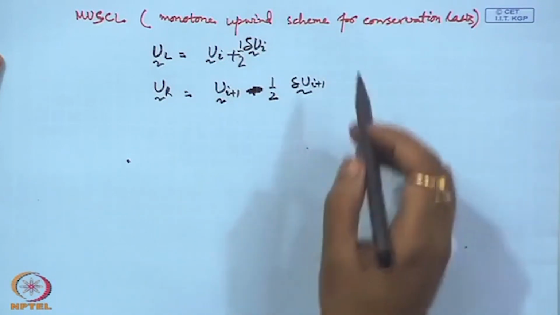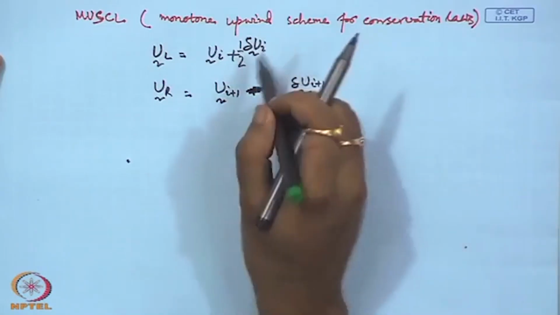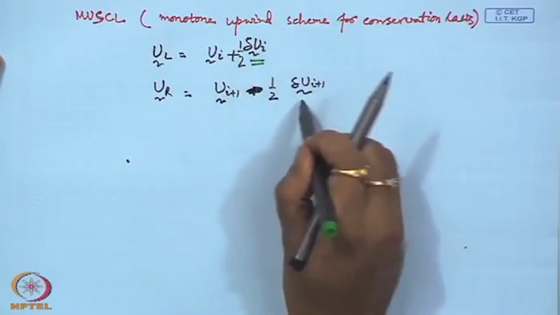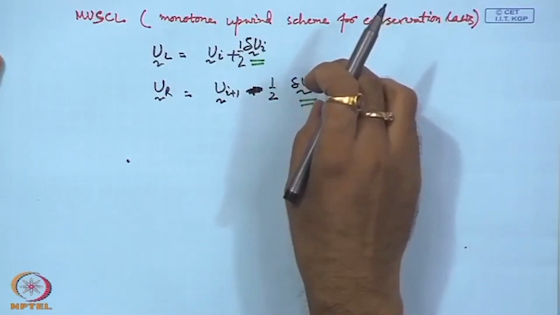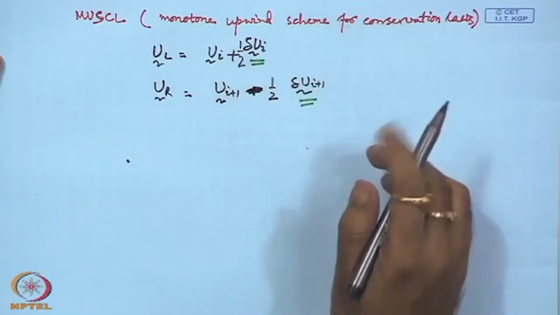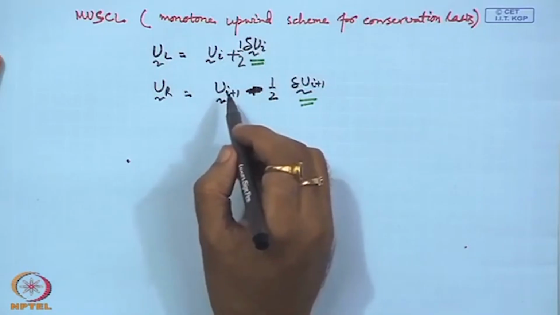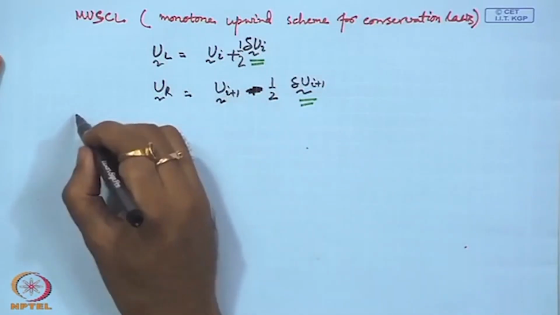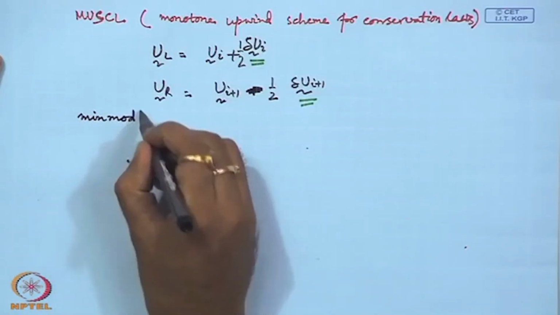There are several ways of calculating these two variables. We can calculate it using min mod approach, that is called min mod approach.